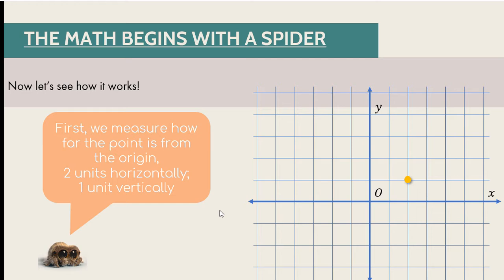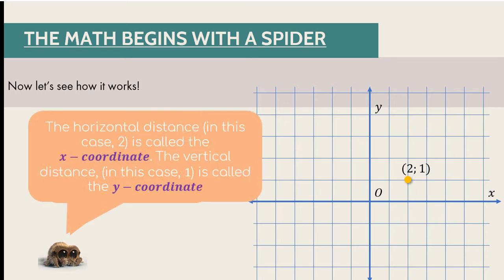We consider a point on the Cartesian plane, which is colored yellow here. First, we measure how far it is from the origin. It is 2 units horizontally, and it moves to the positive side. 1 unit vertically. Of course, it is above the origin, so it is a positive 1 unit. And we write (2, 1). We call that the coordinate of the point. The horizontal distance, in this case 2, is called the x-coordinate.